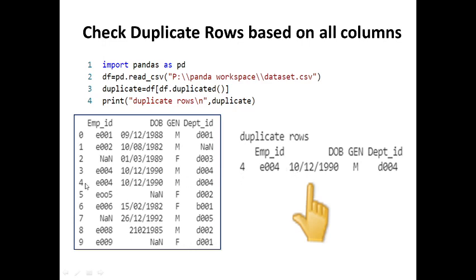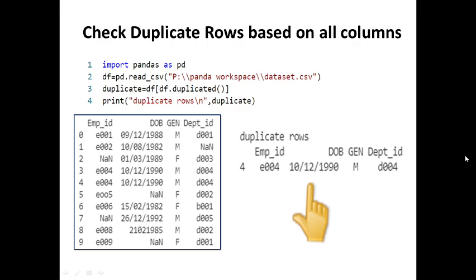So here you can see row with index value 3 and row with index value 4. Both are same. EMP ID same, DOB same, Zen same, department ID same. So this duplicated function returns that row for which all column values are same, right? So we have this output. So it returns that row that is duplicate, right?